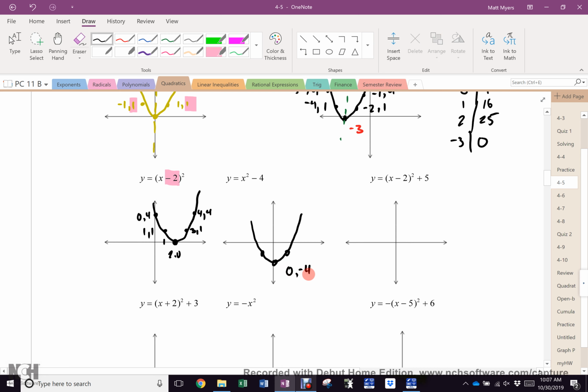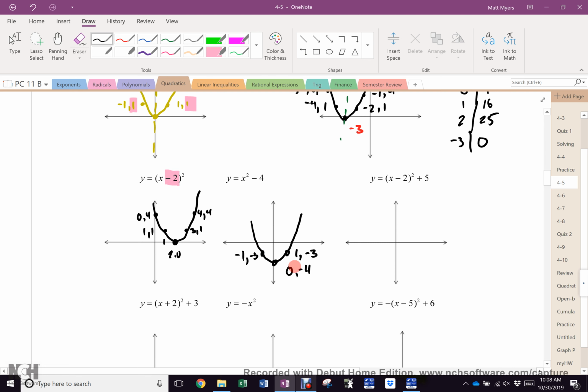0 minus 4, right? When I go over 1 and up 1, what's this point become? I move right 1 from 0. What is it? 1. I move up 1 from negative 4. What is it? Minus 3. What is automatically this point then? Negative 1, negative 3.